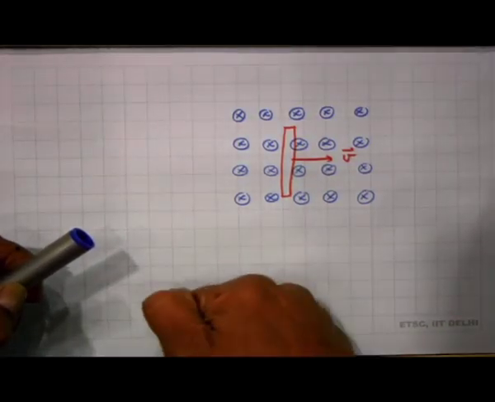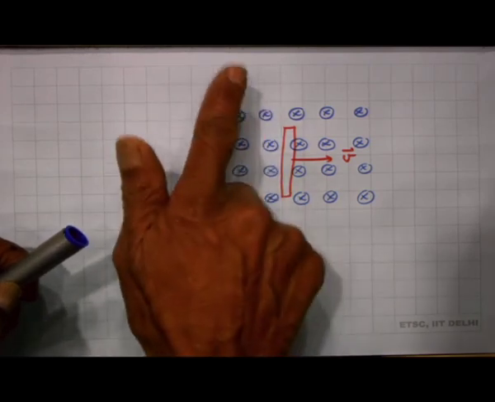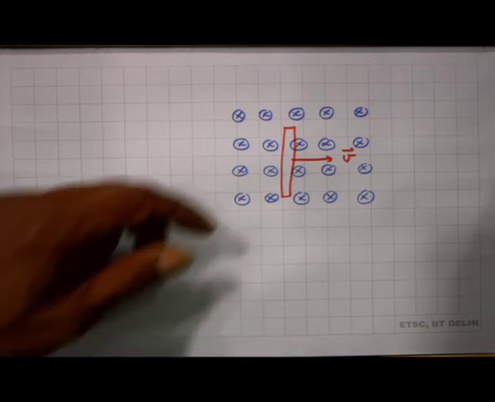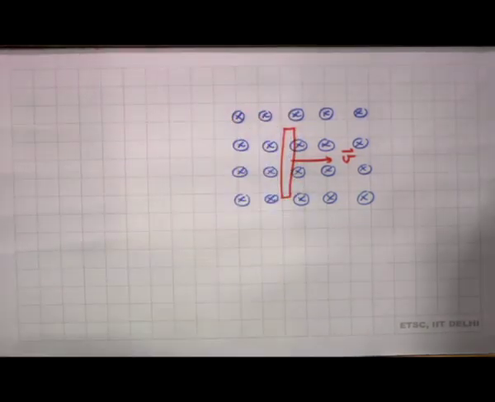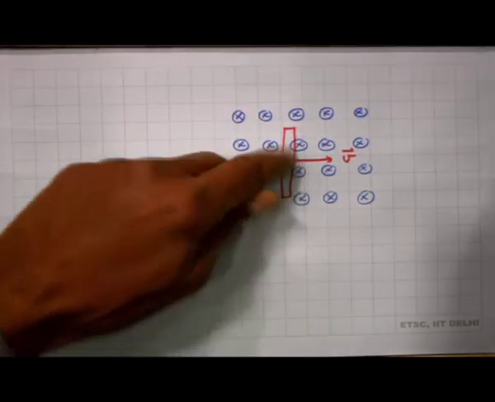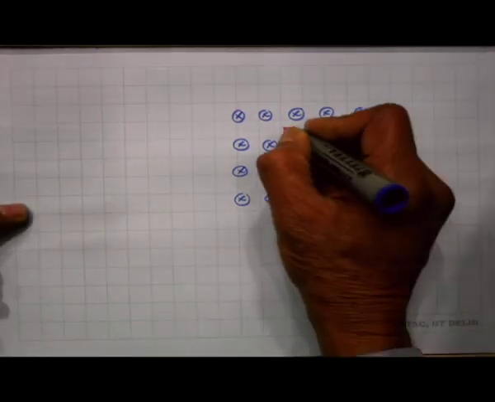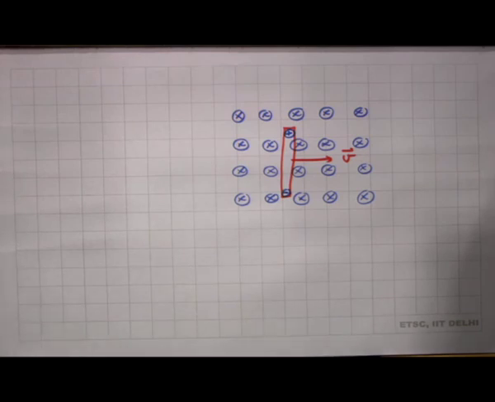So, Q V cross B is the Lorentz force, V cross B is positive, Q is negative, so Q V cross B is downward. The electrons will be pushed towards the downside toward this end, leaving a net positive charge on the other side. So, there will be a negative charge here and a net positive charge here.